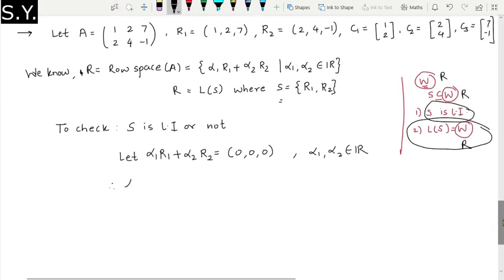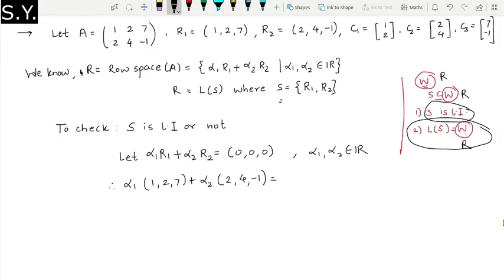So you are going to get alpha 1, R1 is 1, 2, 7 plus alpha 2, my R2 is 2, 4, minus 1, which is equal to 0, 0 and 0. So let us solve it now. So I'll get alpha 1 plus 2 alpha 2 equal to 0. Next equation will be 2 alpha 1 plus 4 alpha 2 equal to 0, and the next equation will be 7 alpha 1 minus alpha 2 is equal to 0.